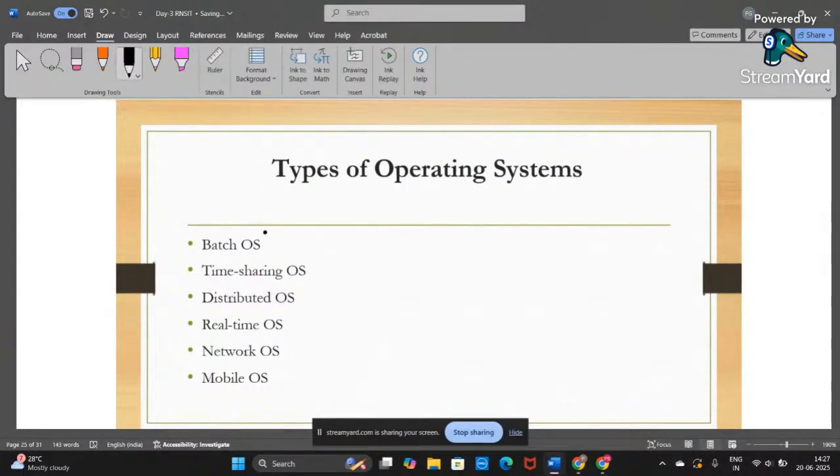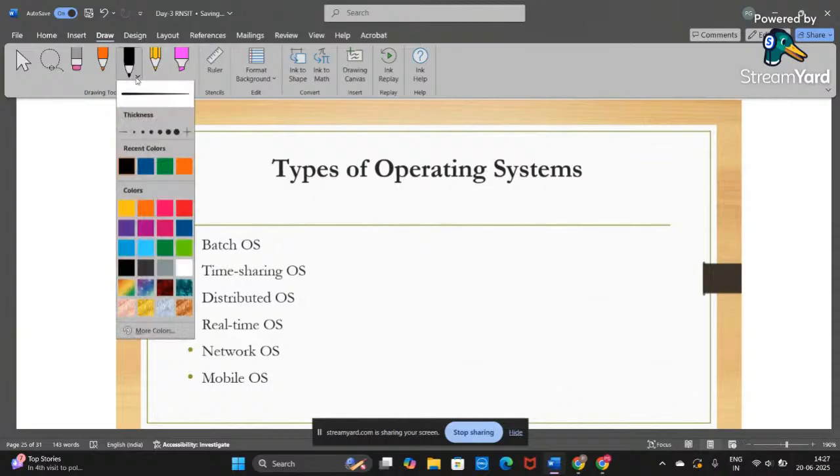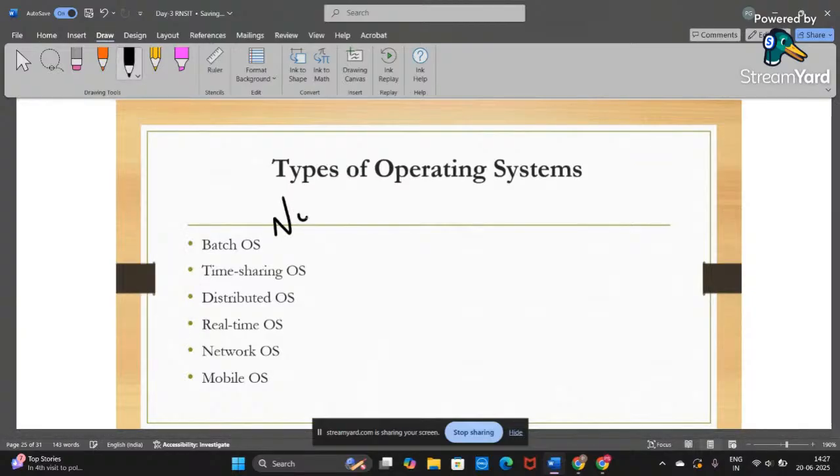What is batch OS? Batch operating system means no interaction with the user.